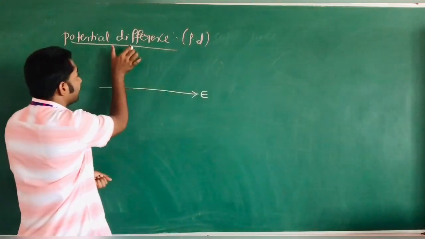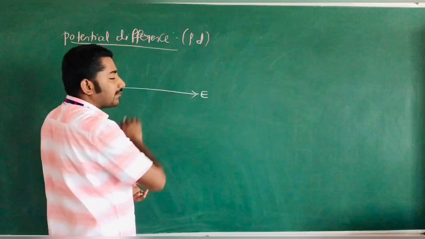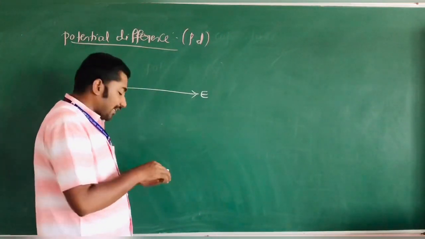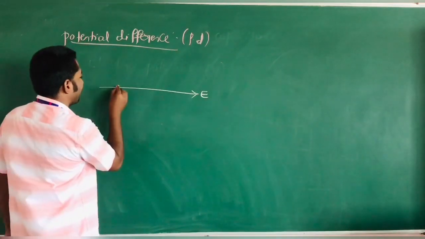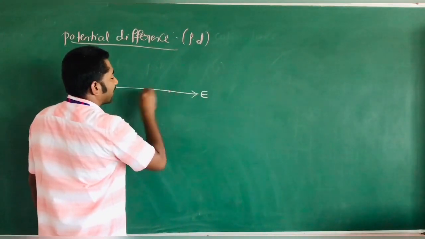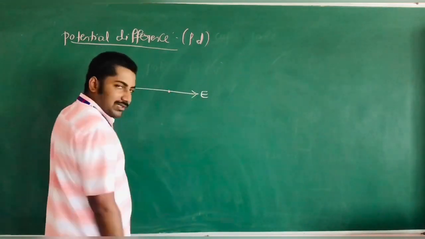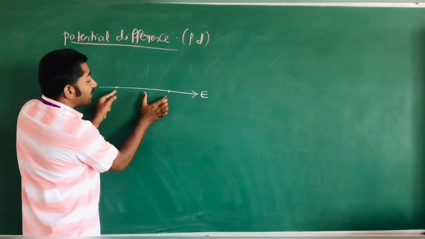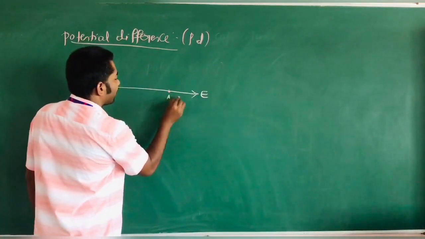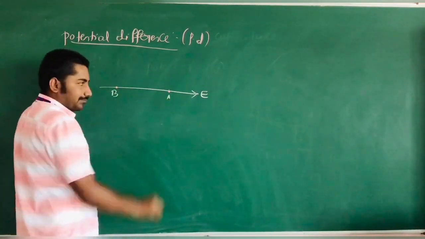Suppose I consider 2 points in the region of this electric field. The potential difference between these 2 points. This is the point A and this is the point B.